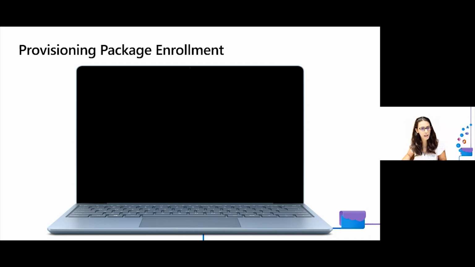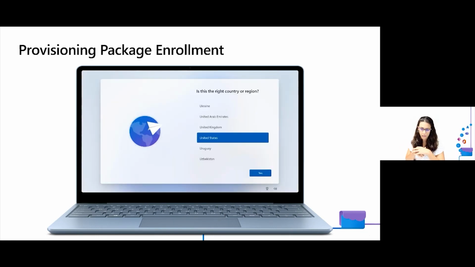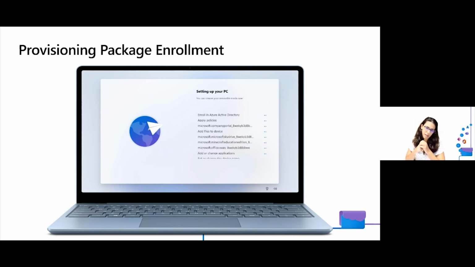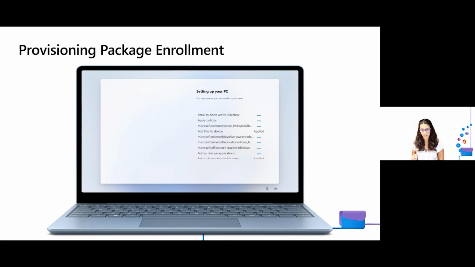Let's quickly check how this works. So this is a device where a USB drive has been connected. So this is still the out-of-box experience, not the provisioning package. Now we see installing provisioning packages. And you'll start seeing a list of everything that is going to be done with this provisioning package in order to configure this device.